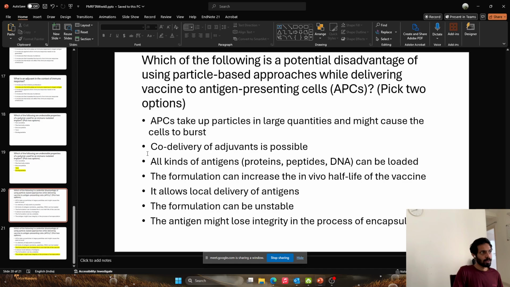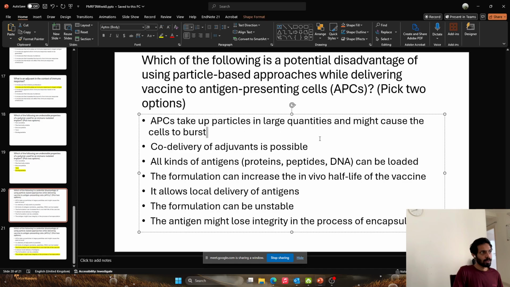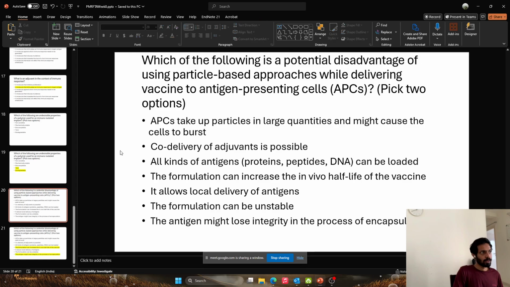And the other option is co-delivery of adjuvants is possible, which is true. Basically, your antigen you're encapsulating in the particle, and at the same time, you can also encapsulate your adjuvant, whatever it is, into the particle. So in that sense, co-delivery of adjuvants is possible. In fact, a lot of people do it as well.